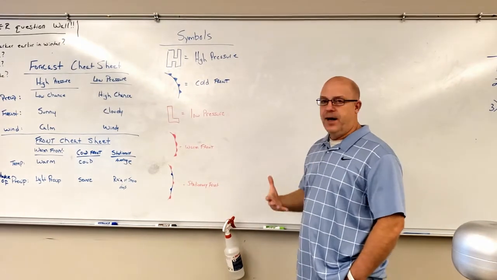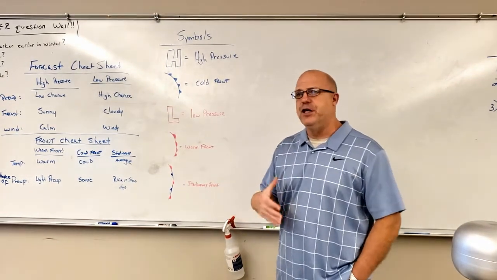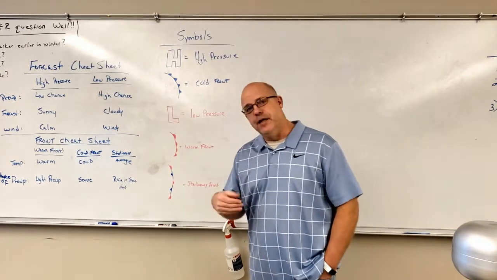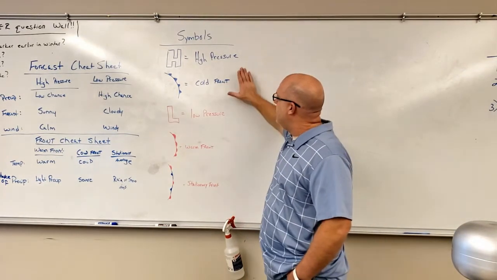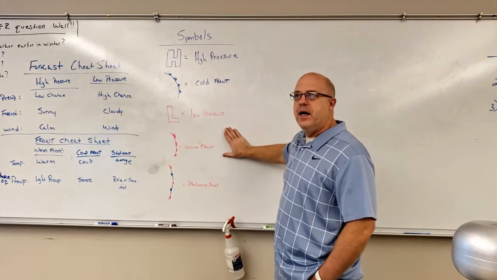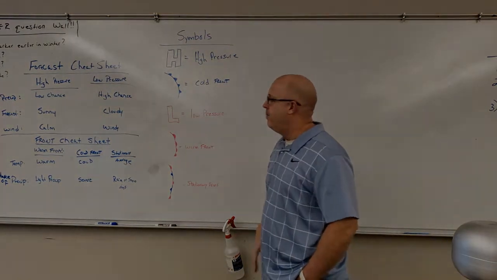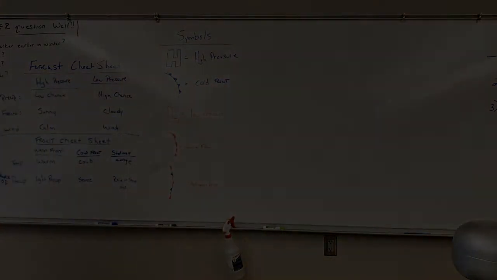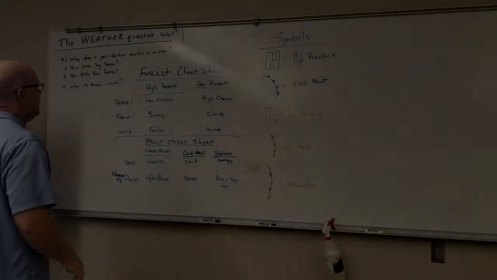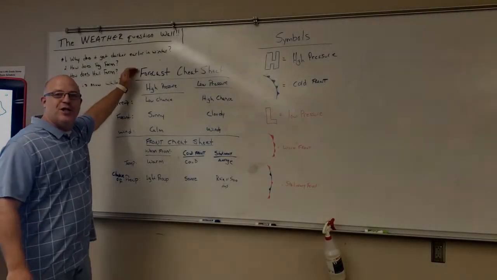Now I bring this up because as part of the cheat sheet, I'm going to basically give you what you say when you see these, because each one of these is its own weather prediction. And again, I'm going to turn the camera just a little bit here. You can see right here on this side that I've given you your forecast cheat sheet.